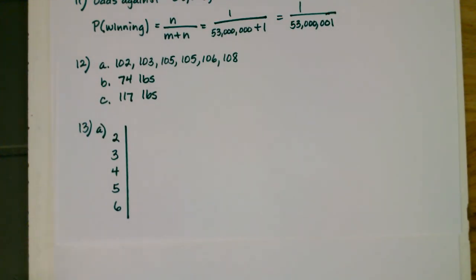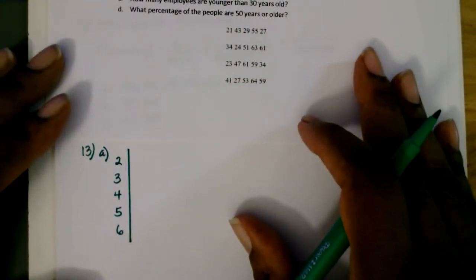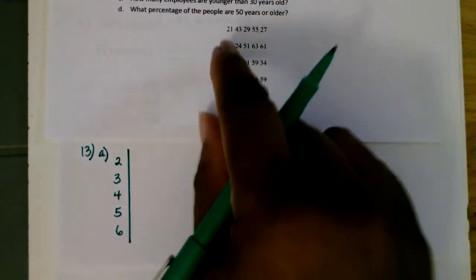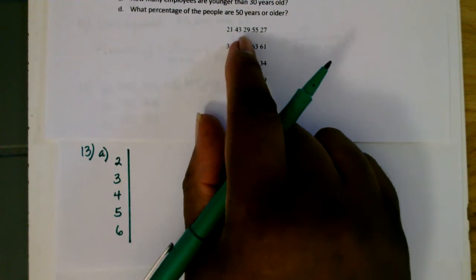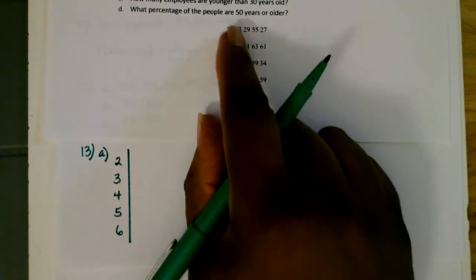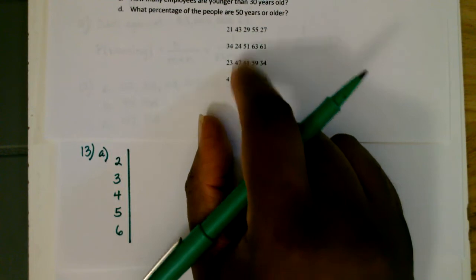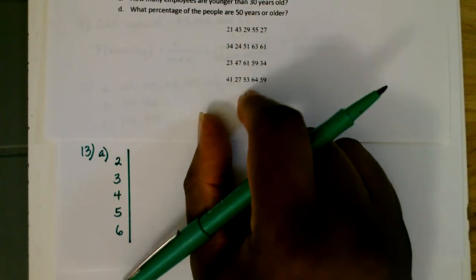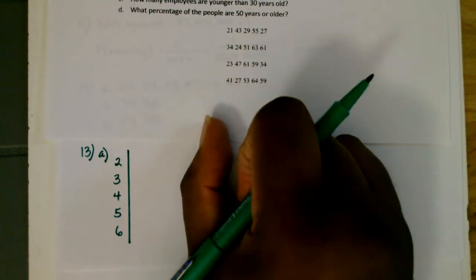And from here, I'm going to have to find all the numbers that have the first digit of 2. That's the stem. So those numbers are between 20 and 29. So here I got 21, and then I got 23, 24, 27, 29, and 27.